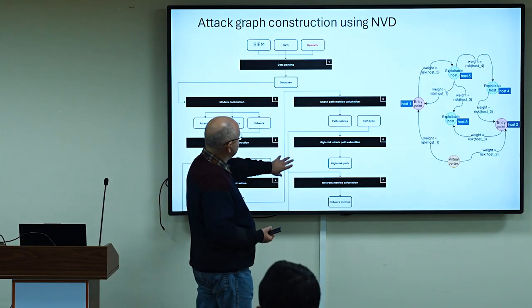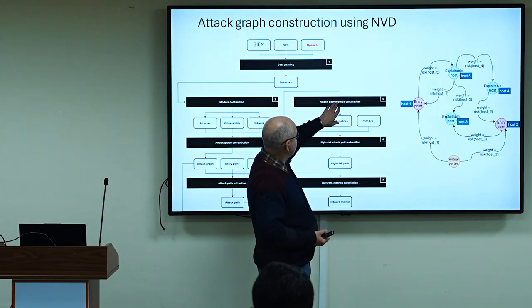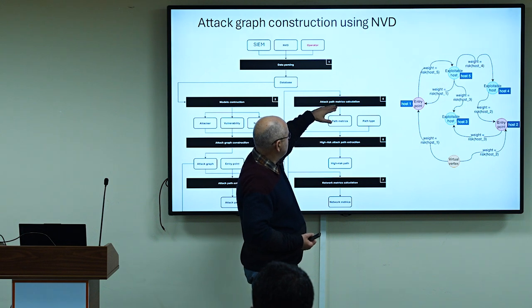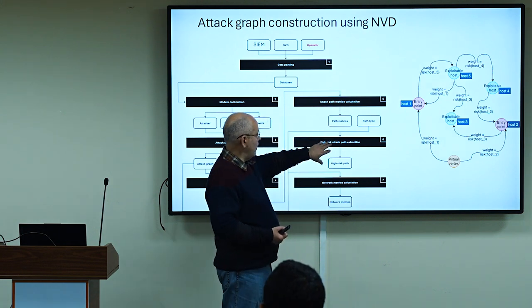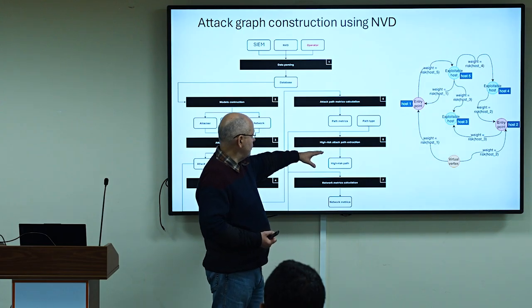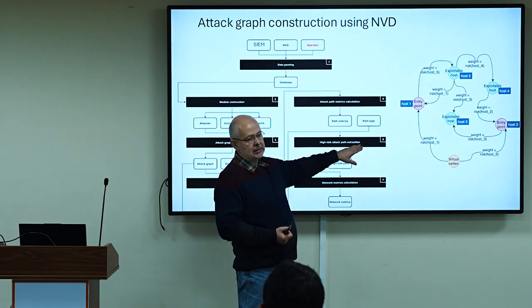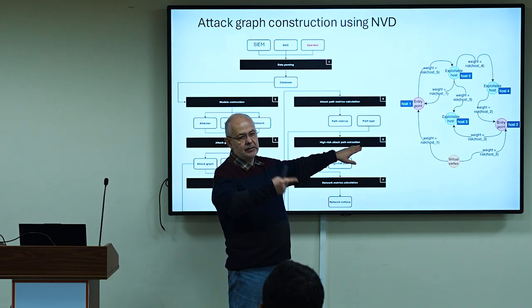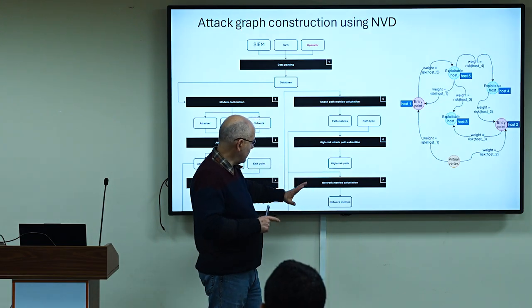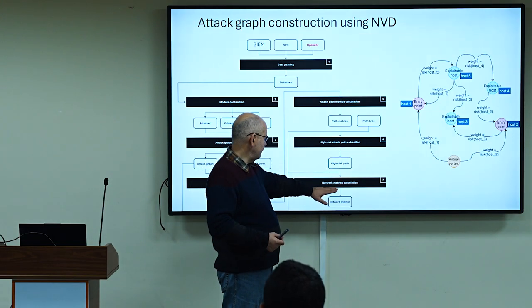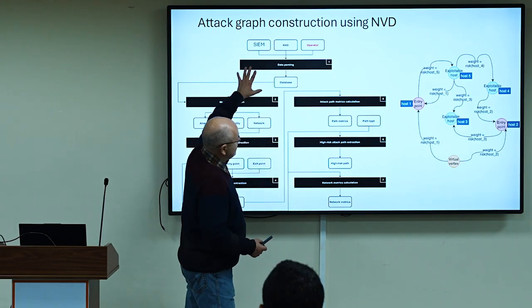So we have different attack paths, and we can calculate different attack path metrics. For us it is very important to calculate the high-risk attack path, which will definitely be taken by the malefactor, and maybe some other paths and metric calculations.